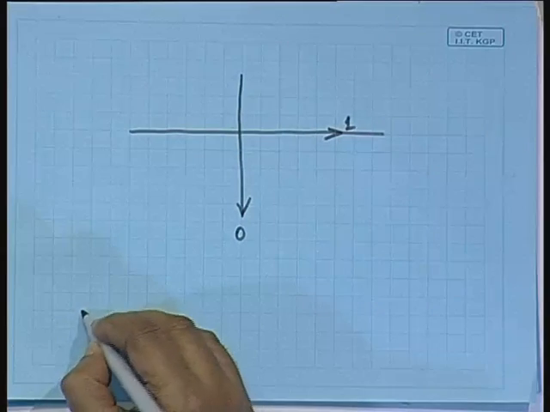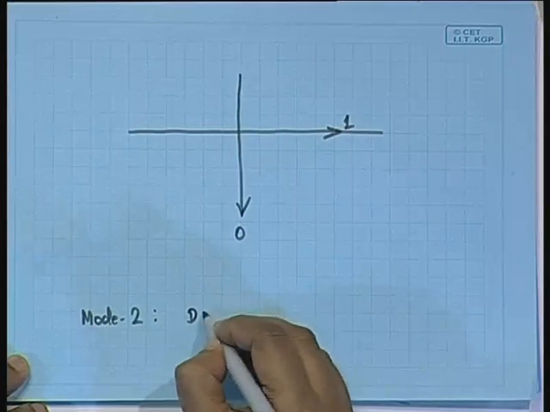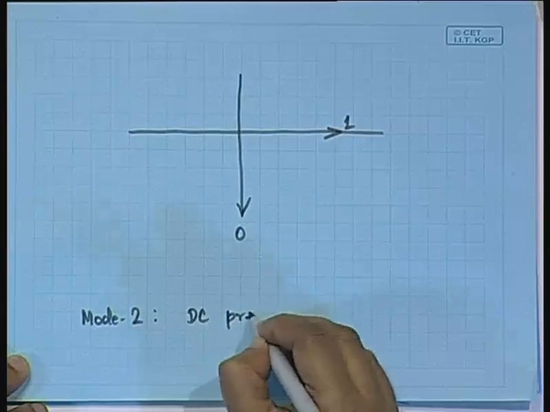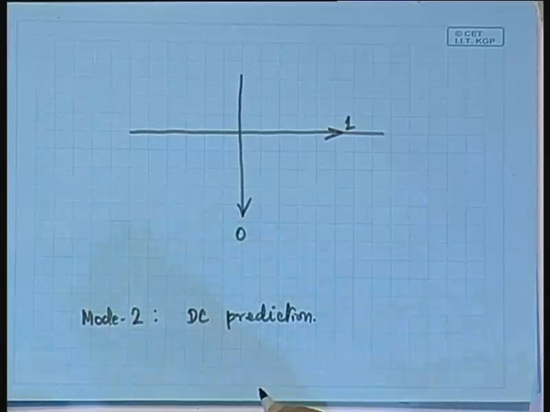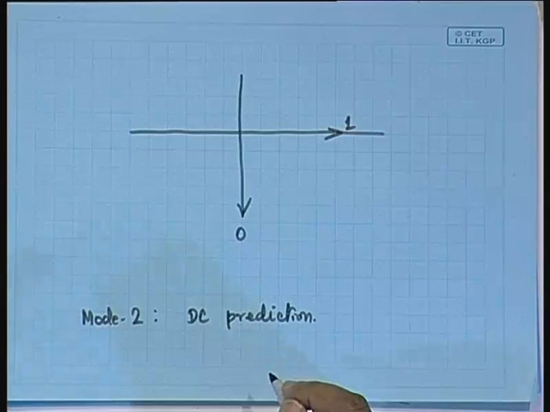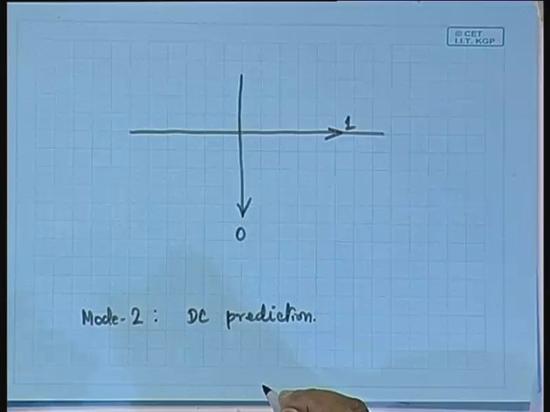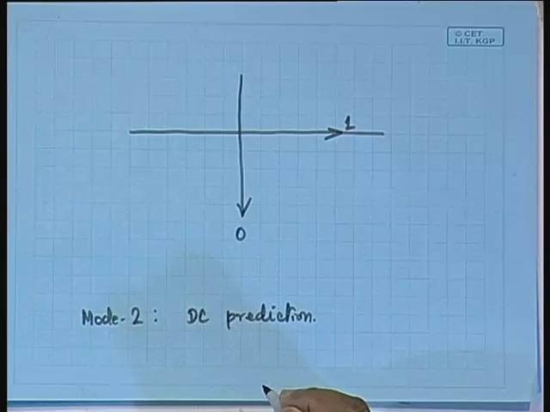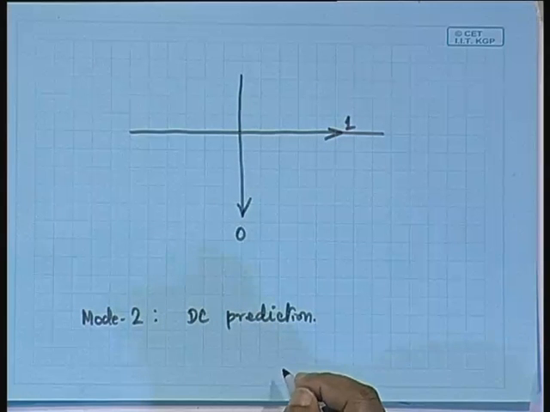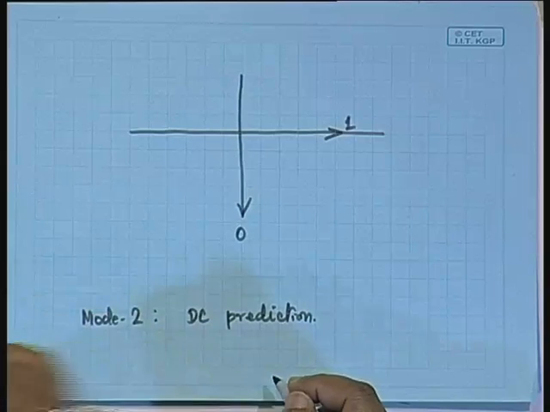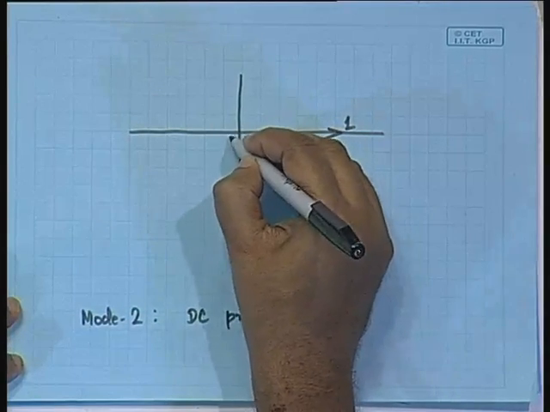Mode 2 is what is known as the DC prediction. DC prediction means that the average intensity value is used to predict the block. So, it is not a directional prediction. It is not used in the direction, but direction 3 is used in this.